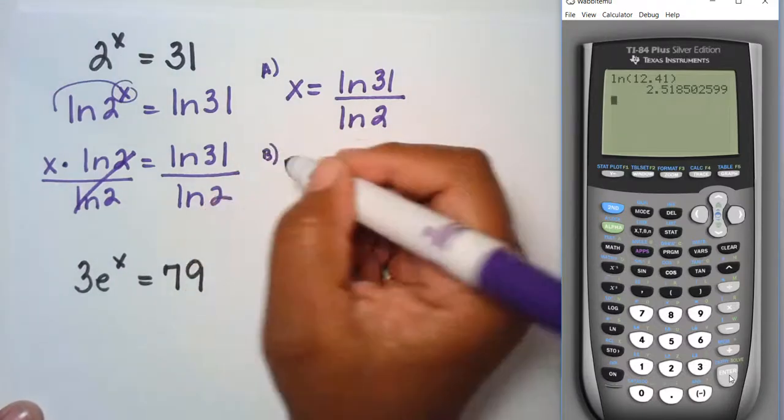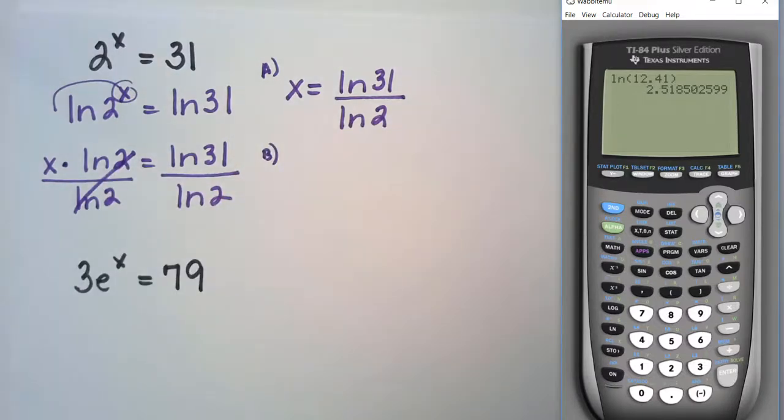Now let's go ahead and solve this. So what I would like to do, I'm going to place parentheses here to start off. So we're going to say open parenthesis ln of 31 and close it again, divide by, I'm going to use parentheses again, ln of 2, and then close it with a parenthesis and close it again.